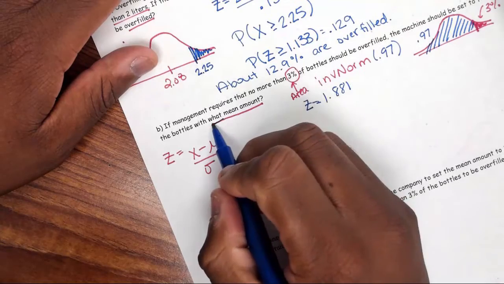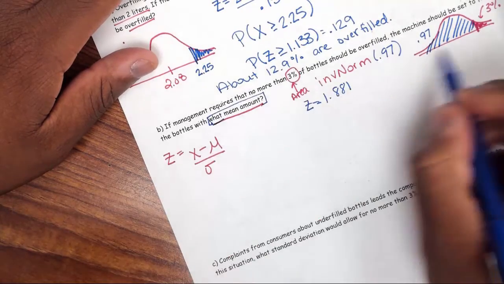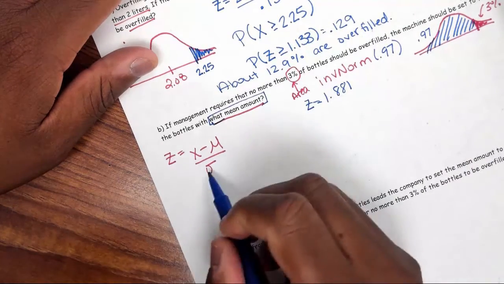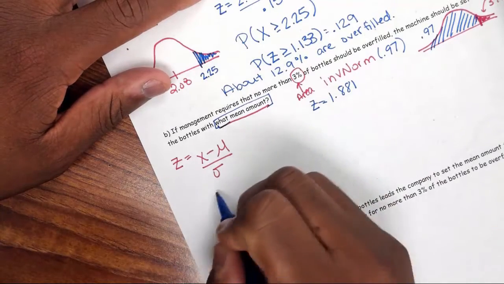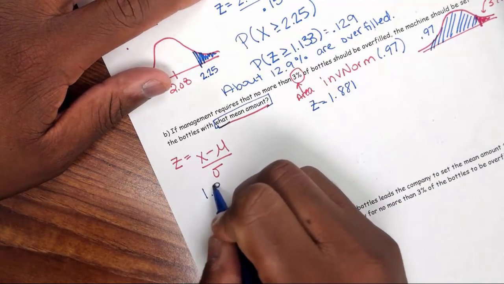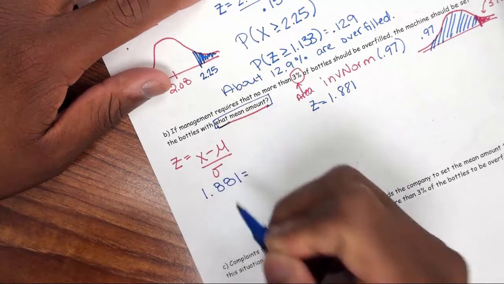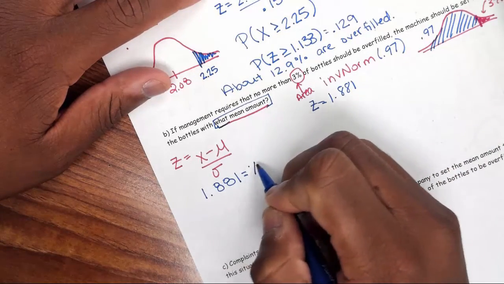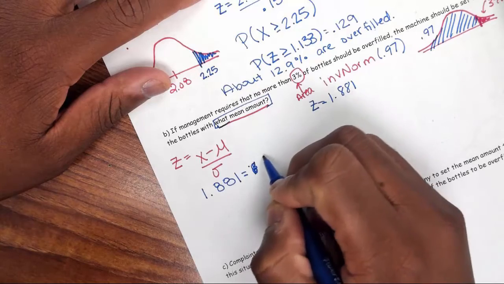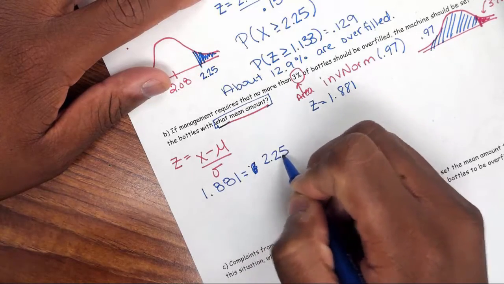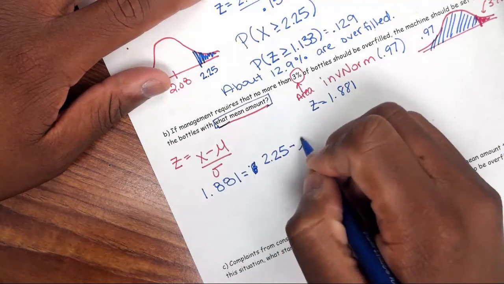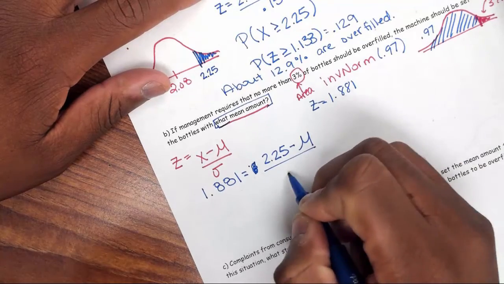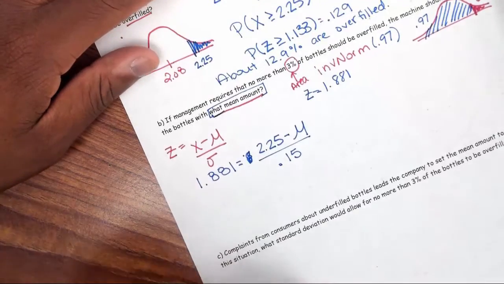I'm looking for the new mean amount that's going to keep it at that z-score. And I know sigma is 0.15, so plugging in what I know, the z value is 1.881. That's equal to the x value I already know, 2.25, that's the overfilling value, minus what mean, divided by the standard deviation 0.15.